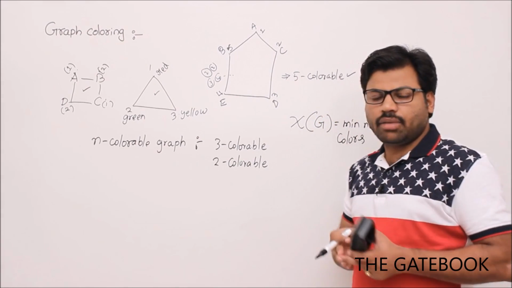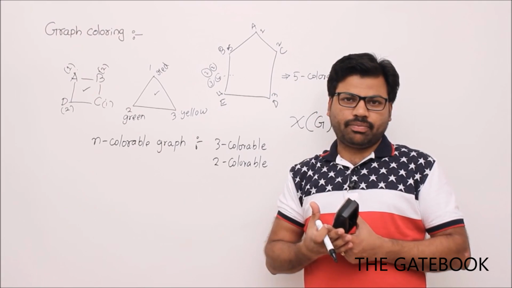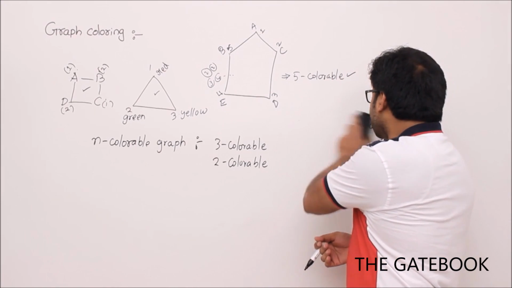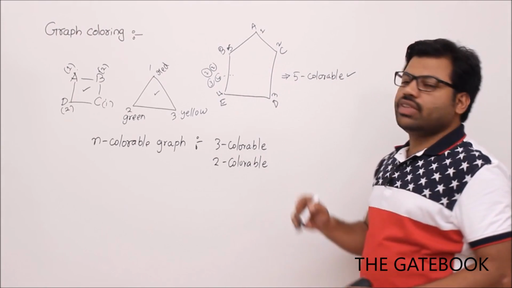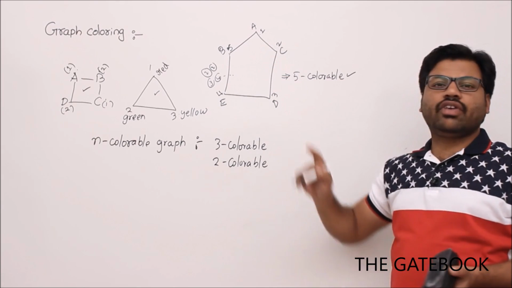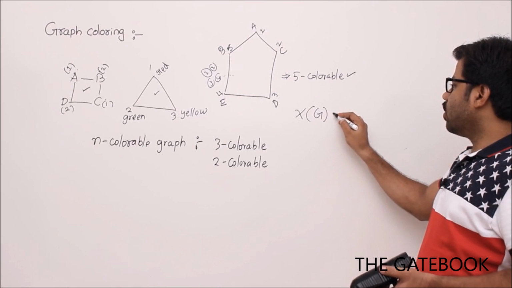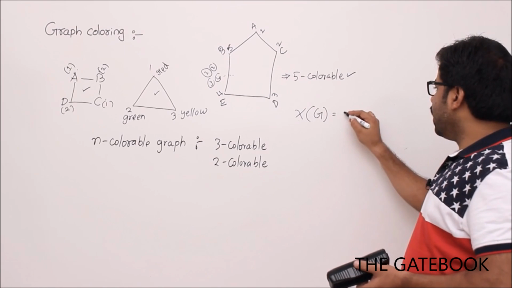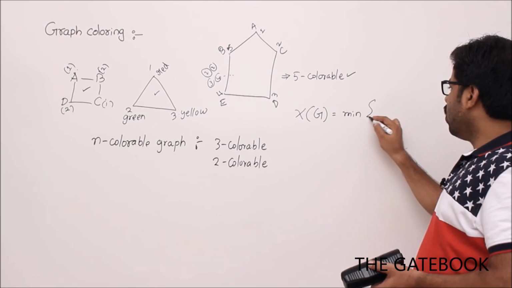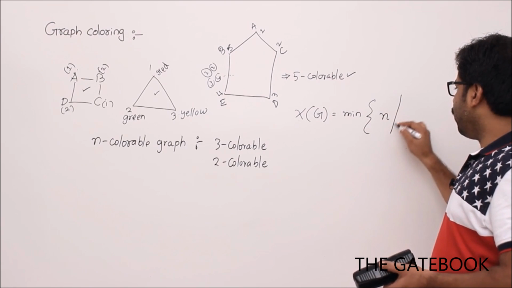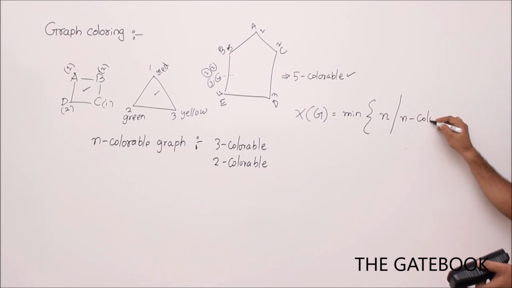That's why the coloring problem is known as a difficult problem. Now, what is the chromatic number of this graph? What is the minimum number of colors required to color this graph? Formally I define chromatic number like this. Chromatic number of G is the minimum value among all n's for which your graph is n colorable.